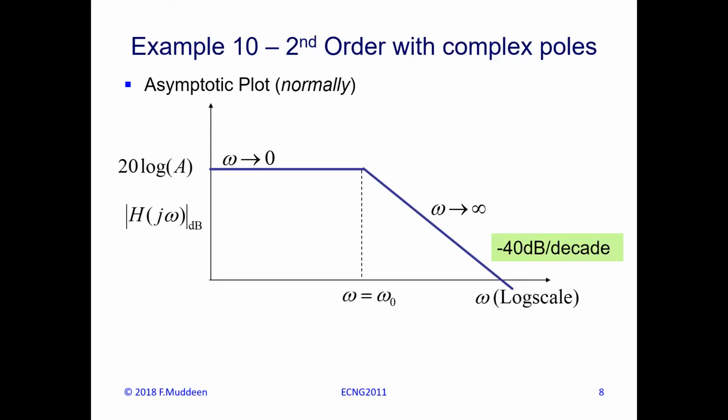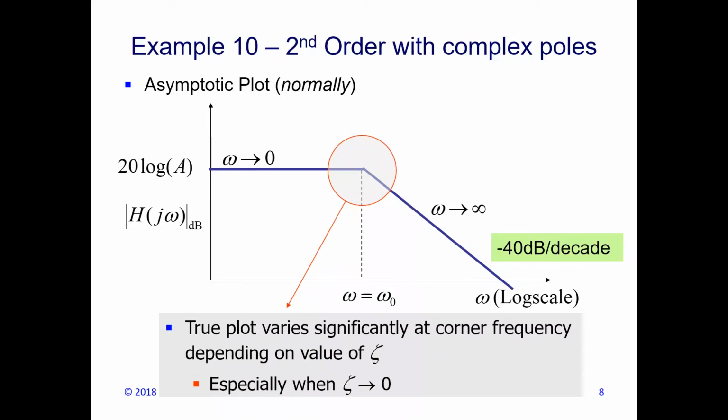Now, this is the straight line approximation, but the actual true plot is going to vary depending on the value of zeta, because remember zeta is what we refer to as a damping factor. It becomes more apparent when zeta tends towards 0, as we're going to see in the next few slides.